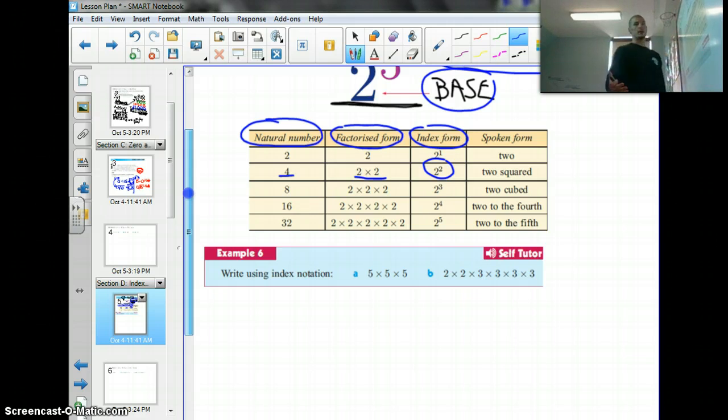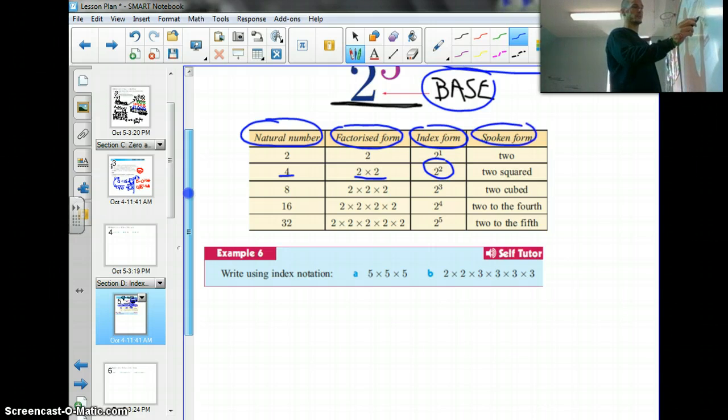It could just say number, numeral is another one, or simple form. Basically it just means the number. And here's the spoken form right here, 2 squared.